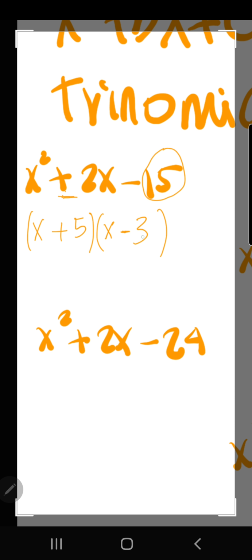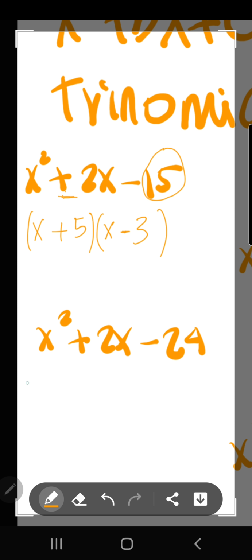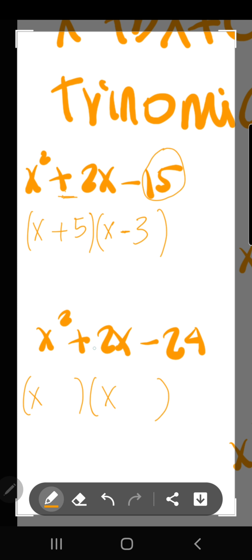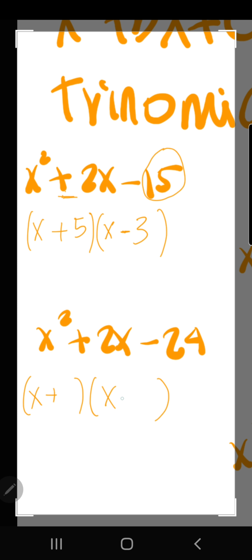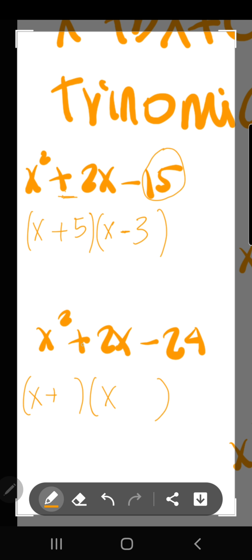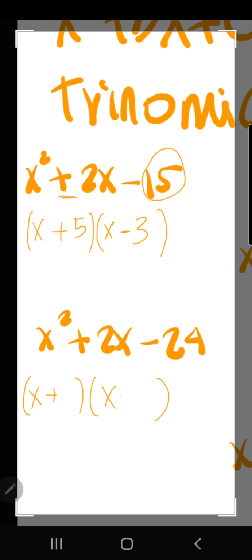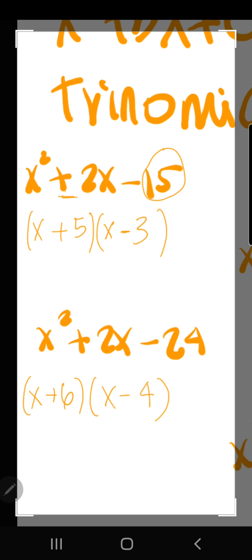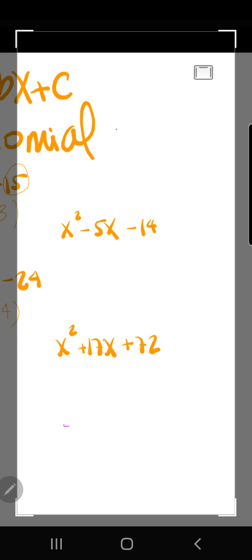Here, x and x, the first sign must be copied and the second sign must be multiplied. Plus times minus is minus. Two numbers multiplied are 24 and subtracted are 2. So they are 6 and 4. And this is the answer.